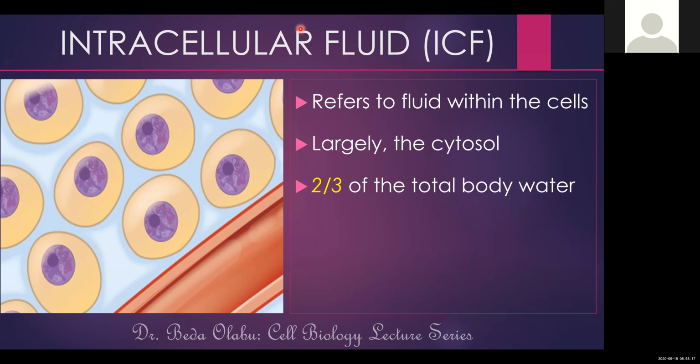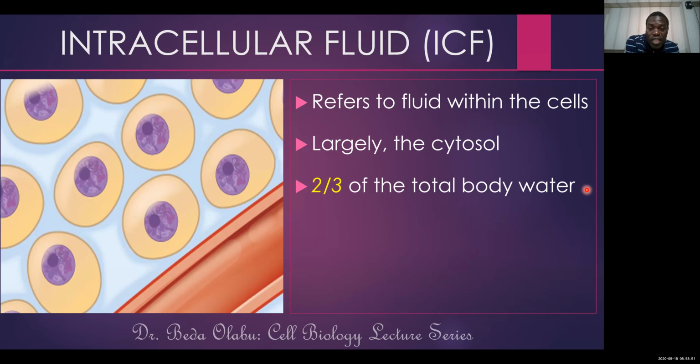For those who didn't hear well, she said that the total body water is 60% of the weight of the person. So that means that if I weigh 70 kgs, then my total body water is 60% of 70 kgs, which means my total body water is 42 kgs.